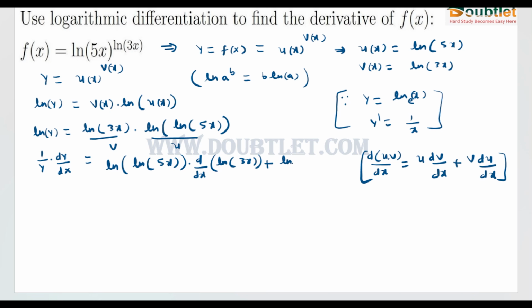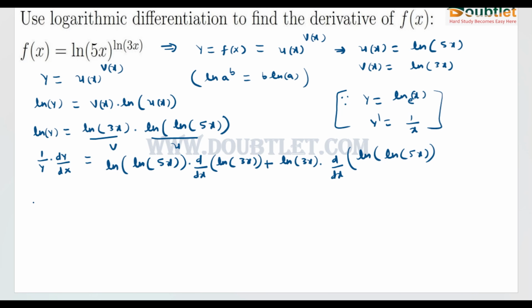Now we leave this ln of 3x as constant and we differentiate this u function with respect to x, which is ln of 5x.